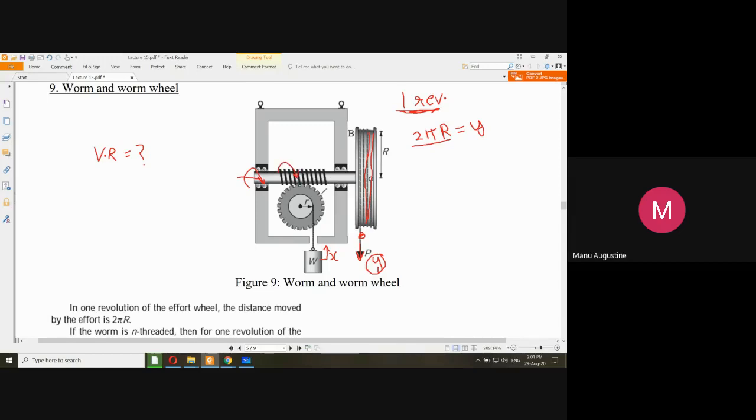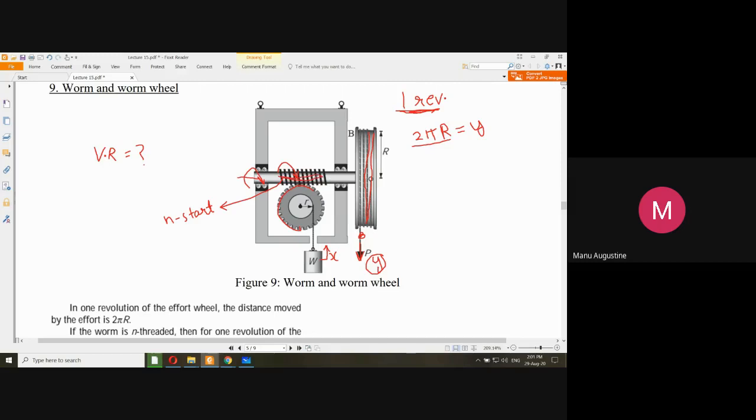And now let us say that this worm and worm wheel arrangement is n number of starts. Not one start, not two start. I'm just saying that this is an n start worm over here.